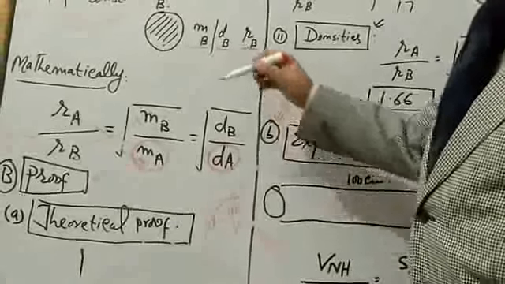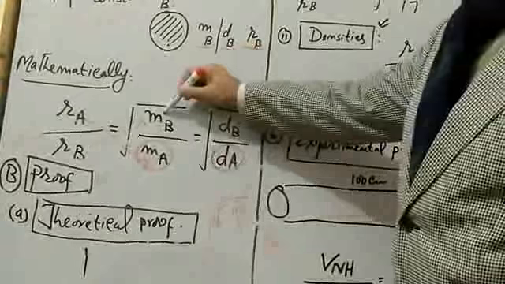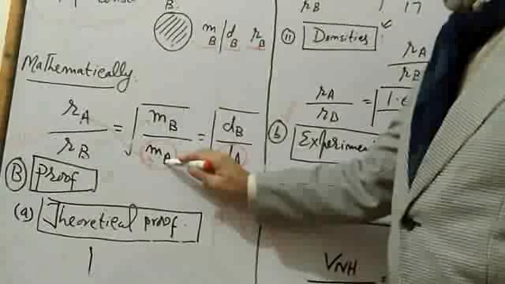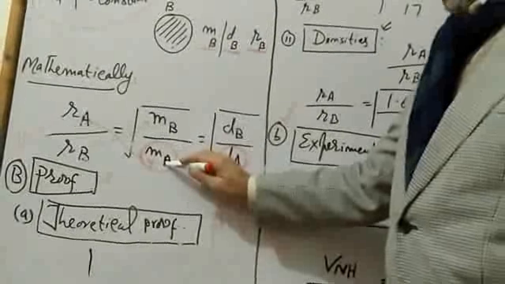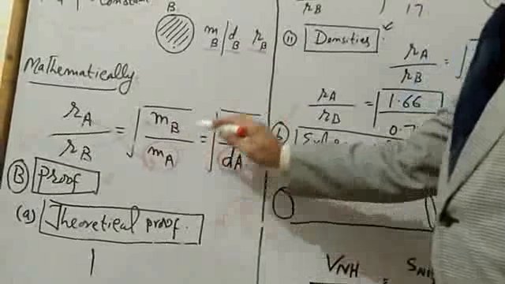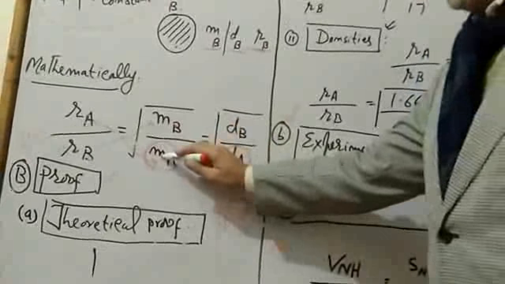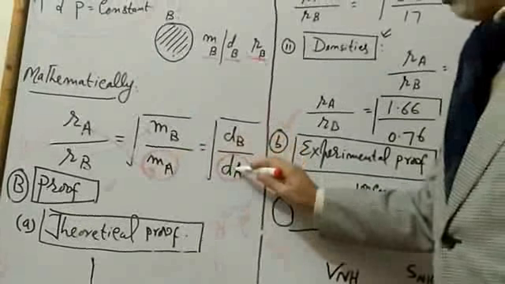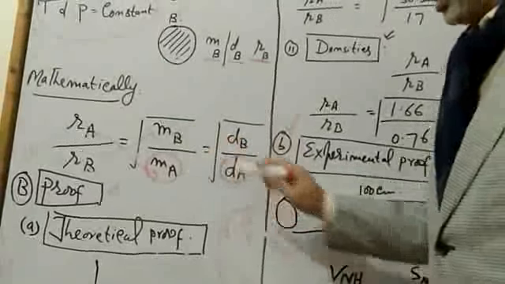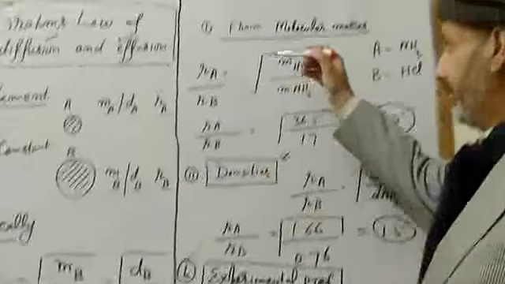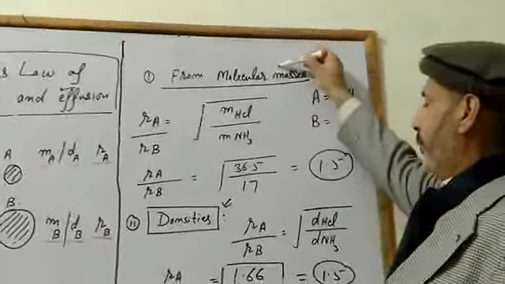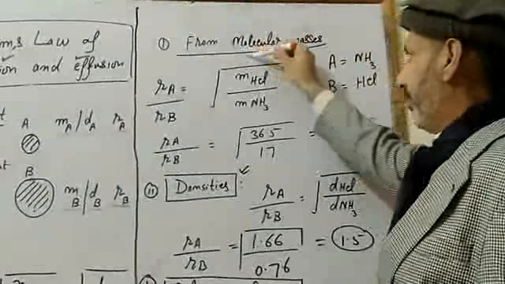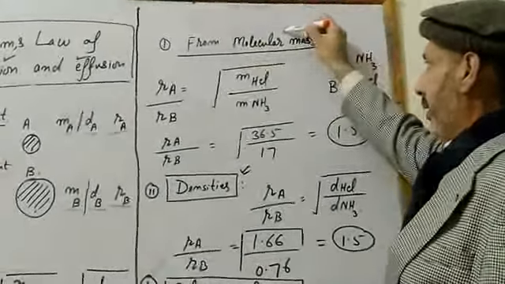In order to prove it theoretically, we say that the rate of diffusion of gas A is inversely proportional to the molecular mass of gas A. The first proof we can give from the mass of the gases, and the second proof will be given from the density of the gases. So we have divided the theoretical proof into two categories. One is the proof from the molecular mass of the respective gases.